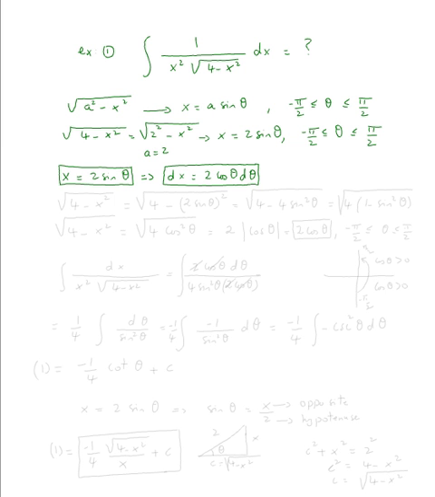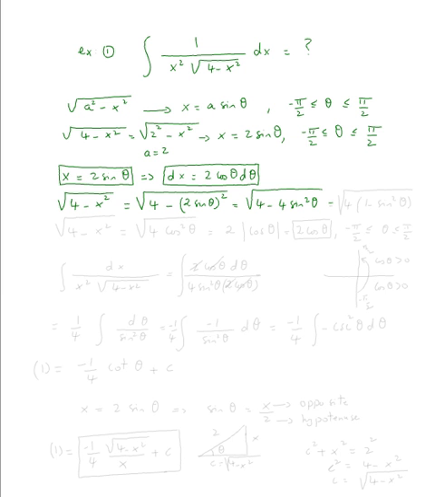We will also need square root of 4 minus x squared, which is square root of 4 minus 2 sine theta squared, which is equal to square root of 4 minus 4 sine squared theta.